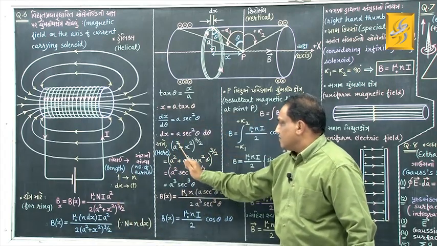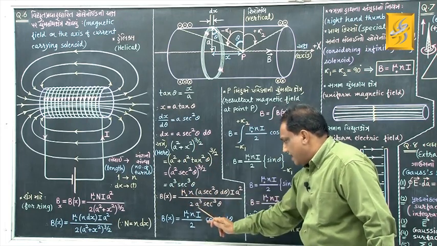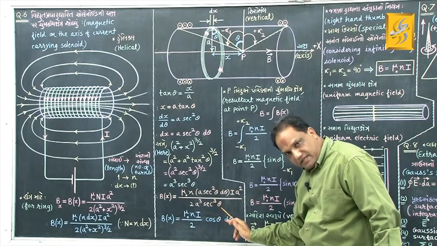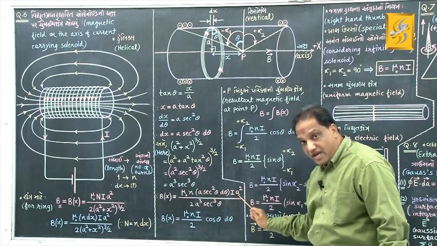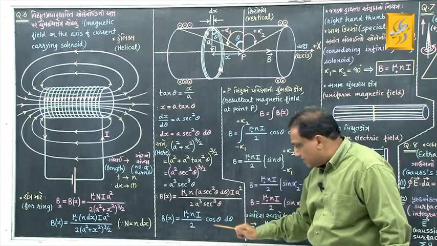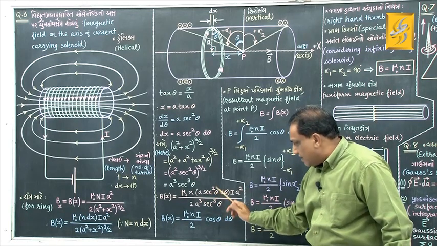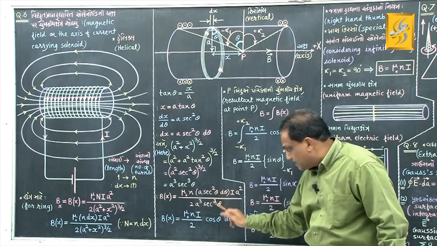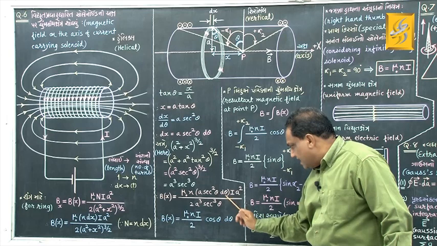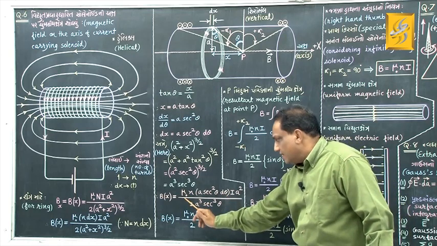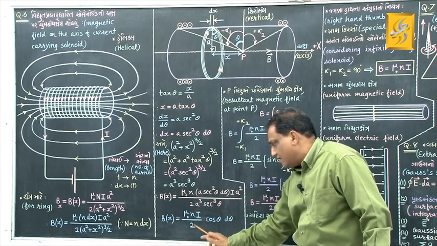(A square plus x square) whole raised to 3 by 2 is nothing but a cube sec cube theta, correct? Now simplify. A into a square will be a cube, that a cube from the numerator and this a cube from the denominator will get cancelled. Sec square theta upon sec cube theta, it will be 1 upon sec theta, and 1 upon sec theta is nothing but cos theta. D theta as it is, and left in multiplication is mu 0 n I upon 2.